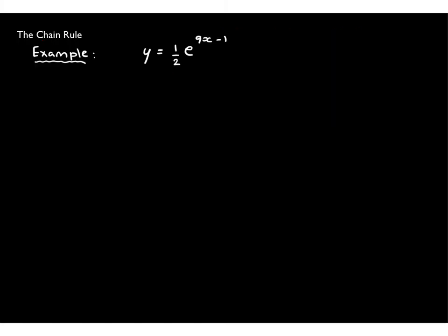Now, it's another composite function. Y equals a half e to the 9x minus 1, and the composition comes from the fact that we have 9x minus 1, and then we take e to the power of that. There's the two steps in the process. The half is really just a multiple at the end.